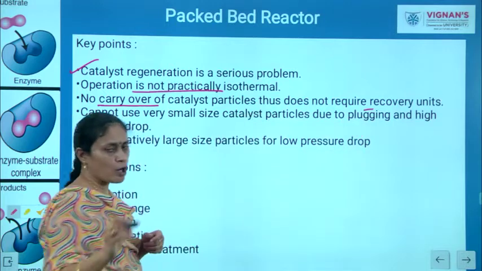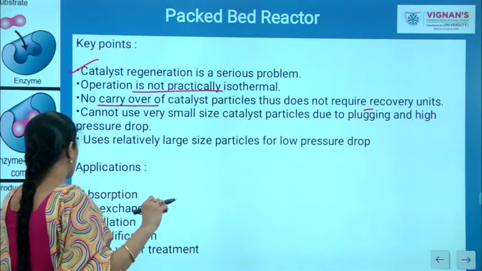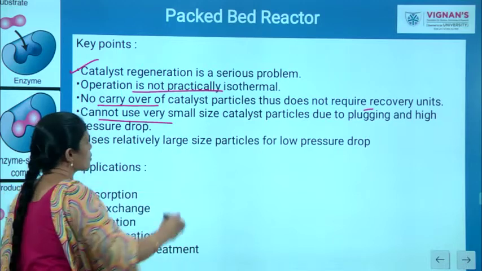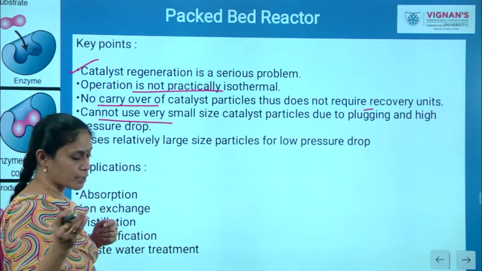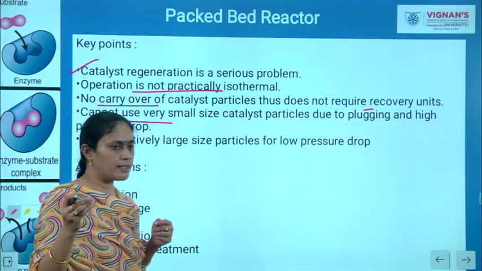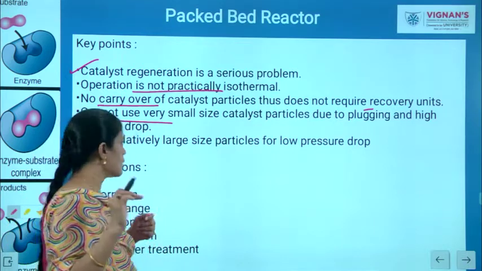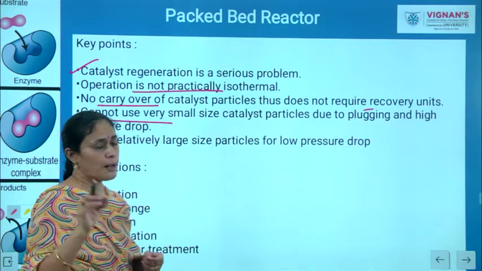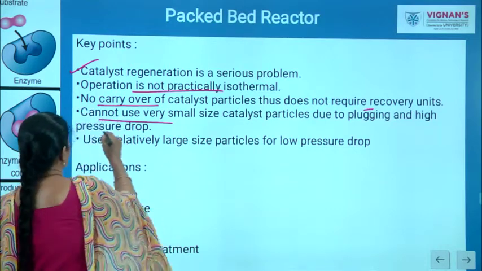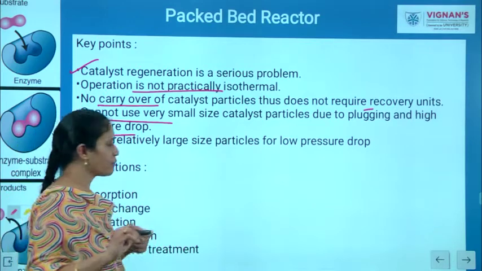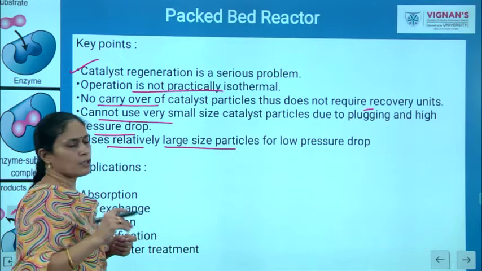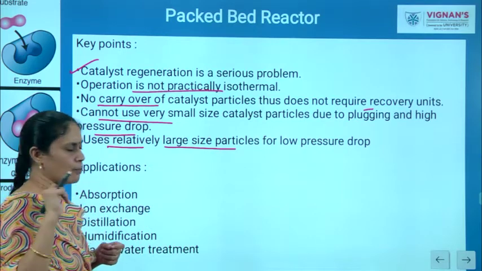So you cannot reuse your catalyst, which is your enzyme. You cannot use very small size catalyst. You need to have your catalyst in a large size, because small particles cause plugging and high pressure drop. Moreover, it uses relatively large size particles for low pressure drop.